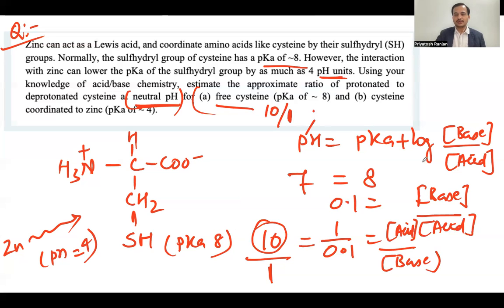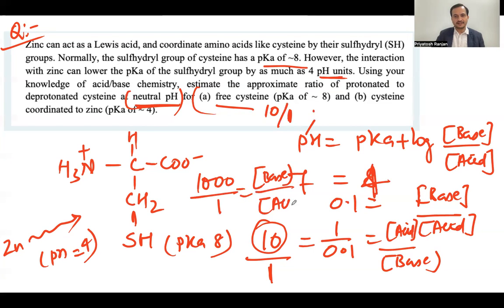What I need to do, I need to use the same formula. What I should consider for the pKa for the B part is 4. So 7 minus 4 is 3, and then the anti-log of 3 is going to be 1000 by 1 equal to base by acid.